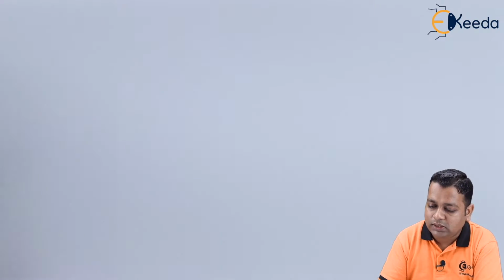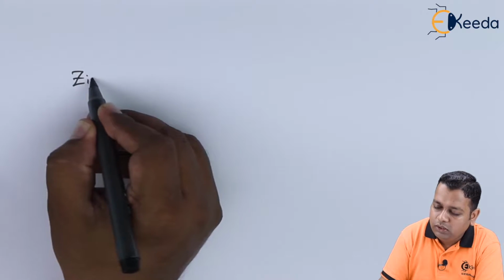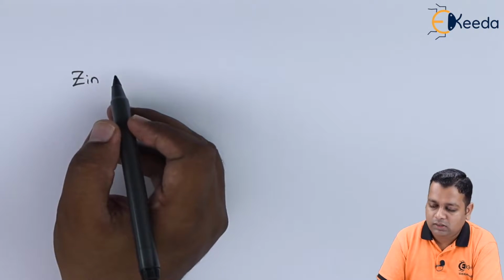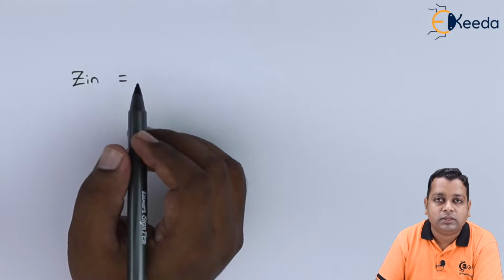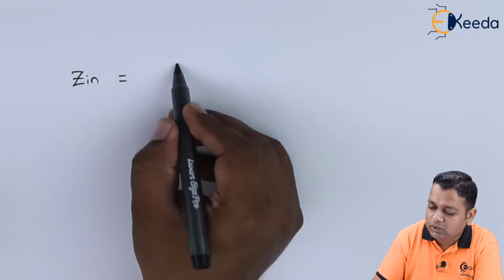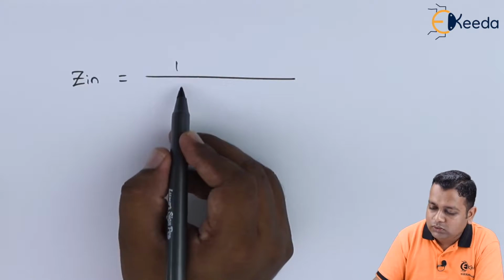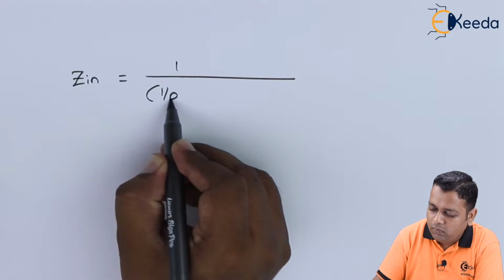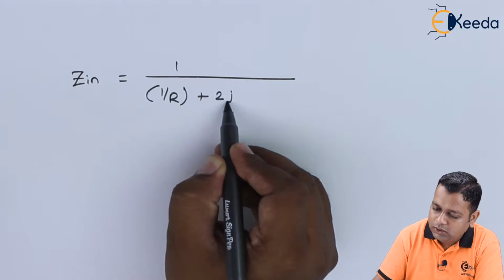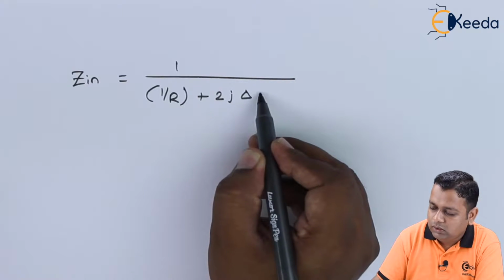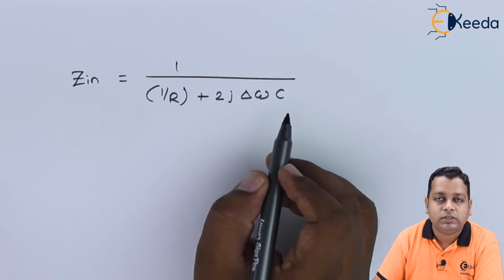So when we look at equation number 2 that represents the input impedance Z in, we find the similarity with respect to the equation that we have learned before in the same chapter, that it was 1 divided by 1 by R added to twice j times delta omega into C here.